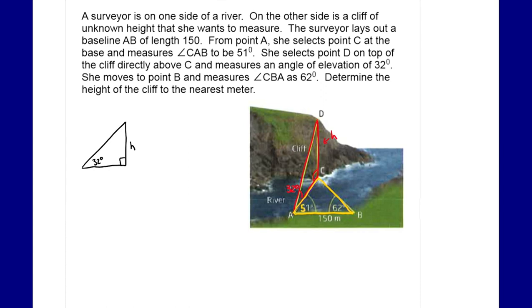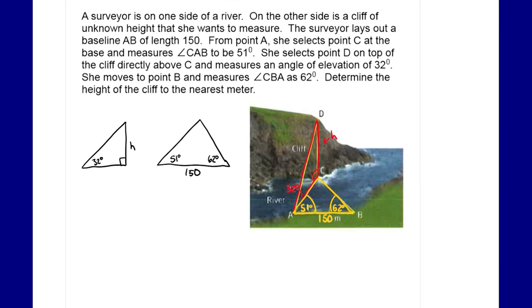I have the two angles of 51 and 62 degrees. And I have a distance of 150 meters. So I'm going to draw that one out separately. Because again, it might be helpful just to see the triangle separately, not as 3 dimensions. So 51 degrees, 62 degrees, and 150 meters.